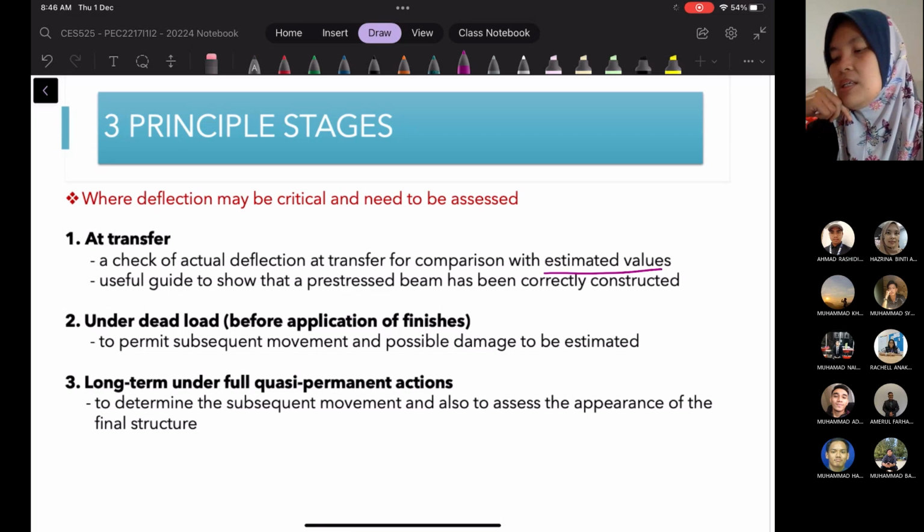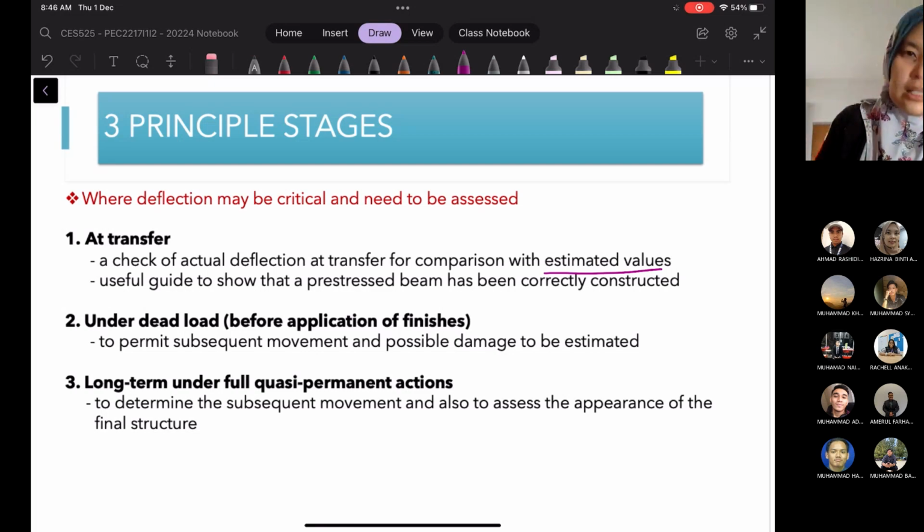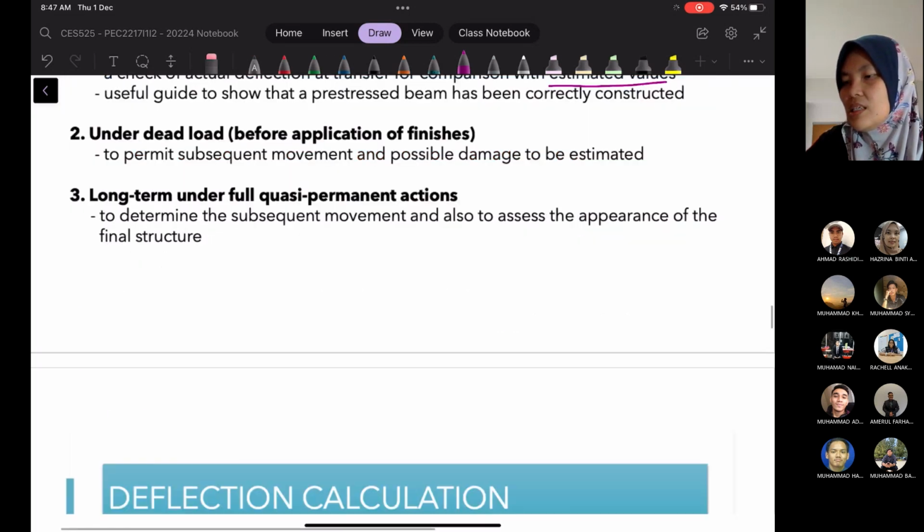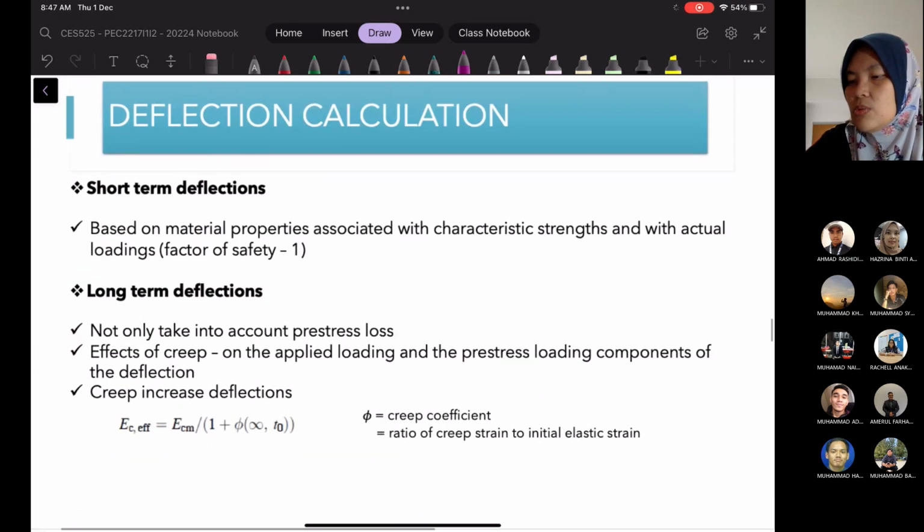So it is to determine the subsequent movement, and also to assess the appearance of the final structure, right? So this is under service. Bila kita dah apply all the loads on top, then we are going to consider the full quasi-permanent action, and we are going to assess the value of deflection again, right? Okay, so these are the three principal stages that we are going to consider, right?